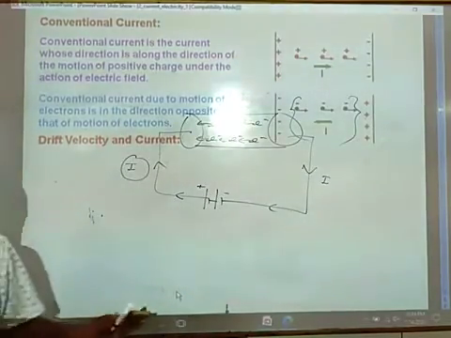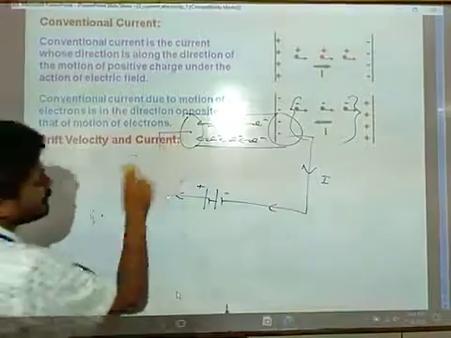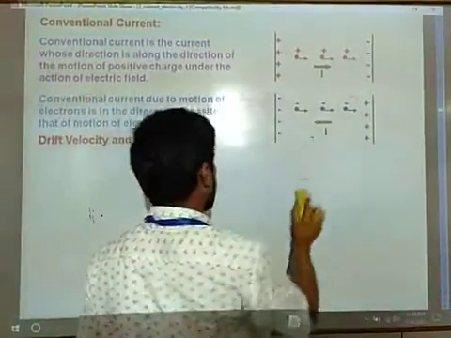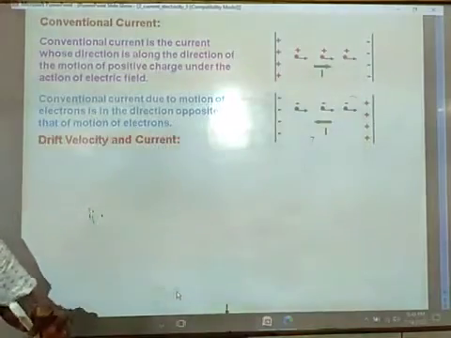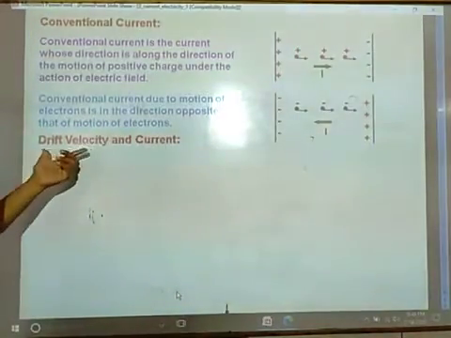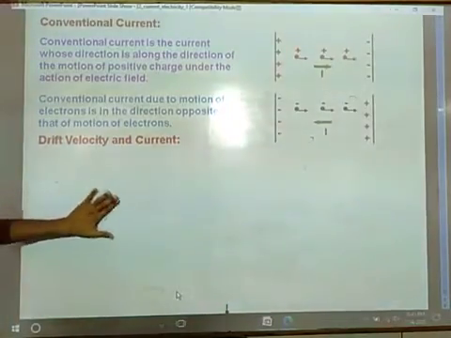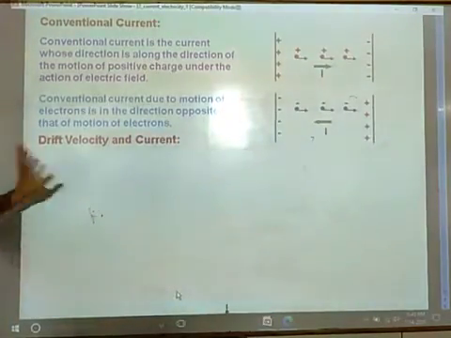Students, since it is our introductory video, we are discussing very basic things. Our main topic begins with drift velocity and current. Students, what is drift velocity?